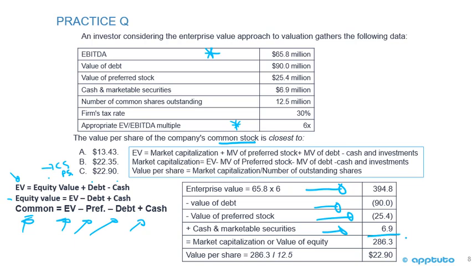Sum that all up, you get 286.3, and then you're going to divide by the number of common shares outstanding, which is 12.5 million, and you're going to get 22.9. So the correct answer is C, 22.9. Not too difficult again, but once again, you need to have this formula totally memorized and pick up on the fact that it's common stock, so we're going to subtract the preferred out.